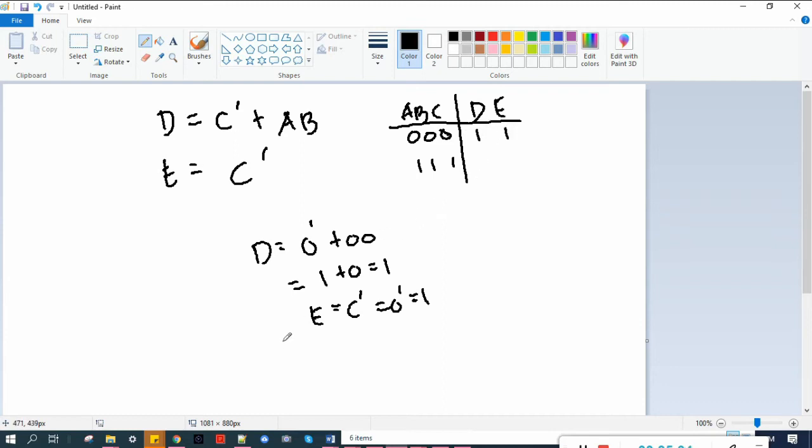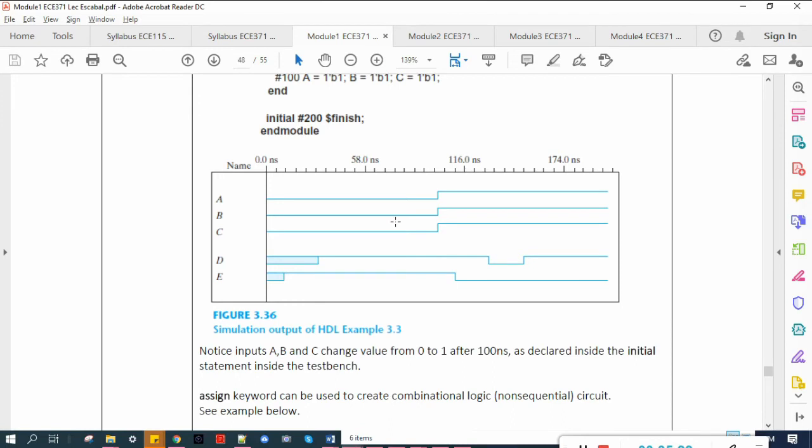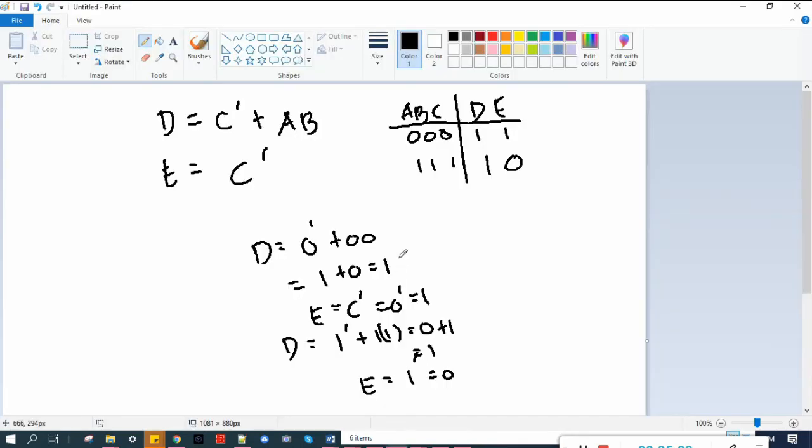If all are 1, 1 prime plus 1, 1. D is 1, then E is 0. So if here, this part here, where A, B, and C are all 0, D is 1, E is 1, correct?